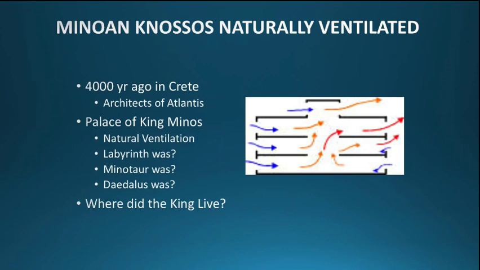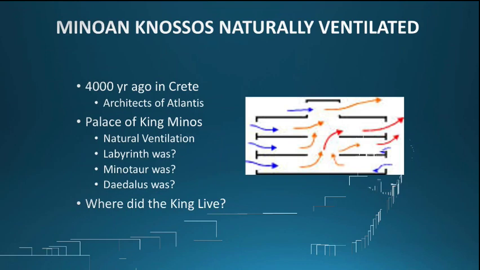So the thing called the labyrinth, which was the maze people actually got stuck in in those ancient stories, is the storage area right here in this corner. This area had very little ventilation, and so they used it as storage.